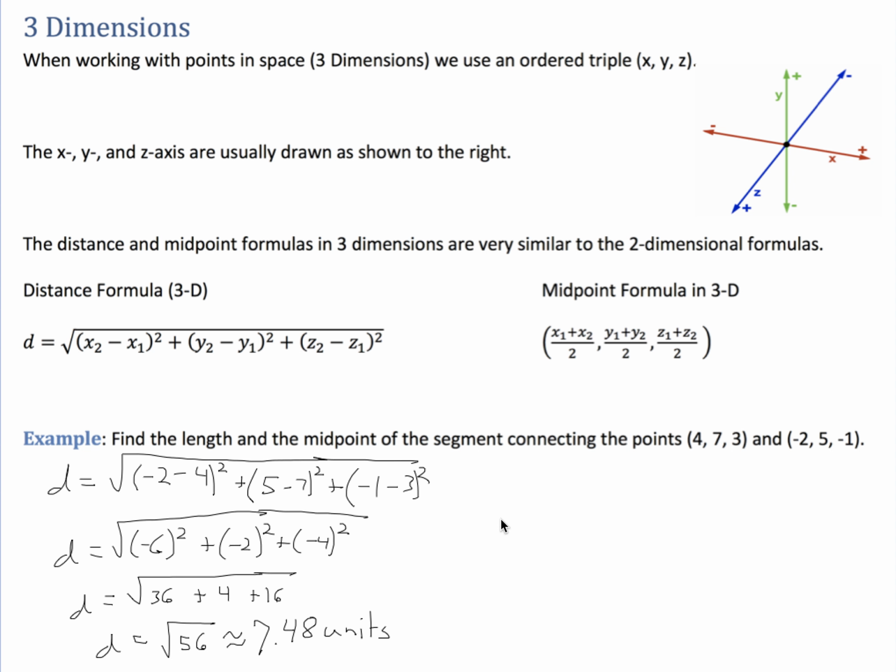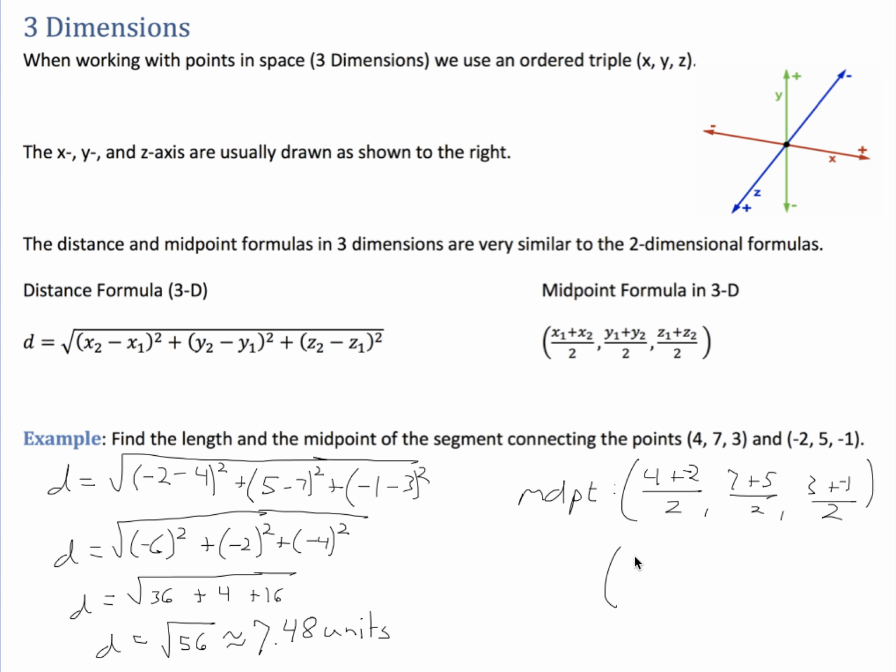And the midpoint, we're just going to use the average of the x's, the average of the y's, and the average of the z's. So x is 4 plus negative 2, add those together, and then divide by 2. 7 plus 5 over 2, average of the y's. And average of the z's, 3 plus negative 1 over 2.